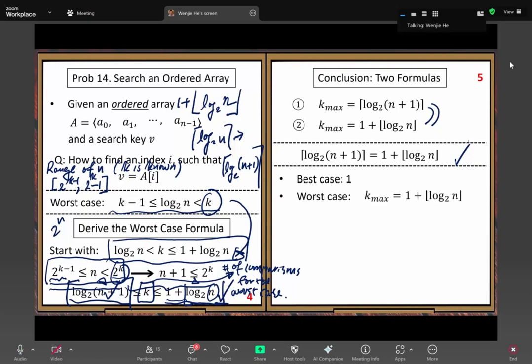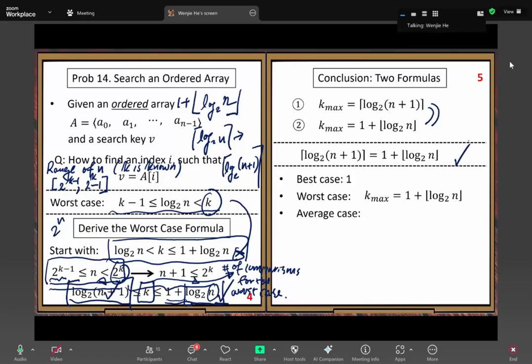Then the next question I want to ask: after best case and worst case, we also need to look at the average case.